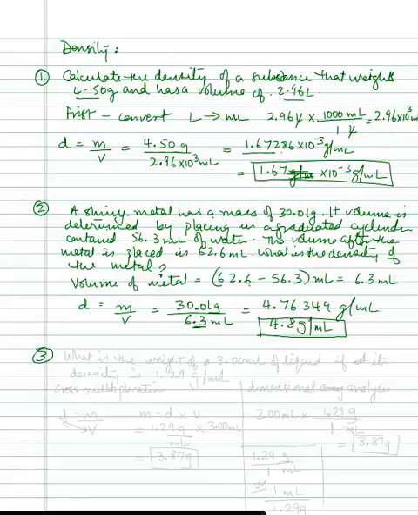Third problem that we're going to do is, what is the weight of 3.00 milliliters of liquid if its density is 1.29 grams per mil.